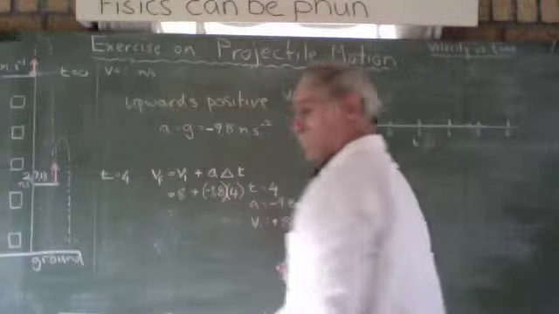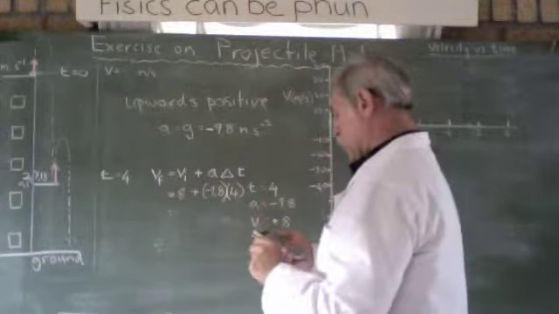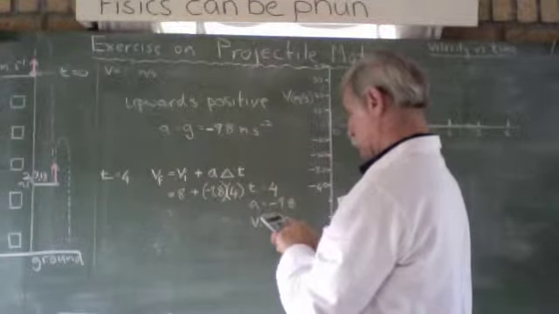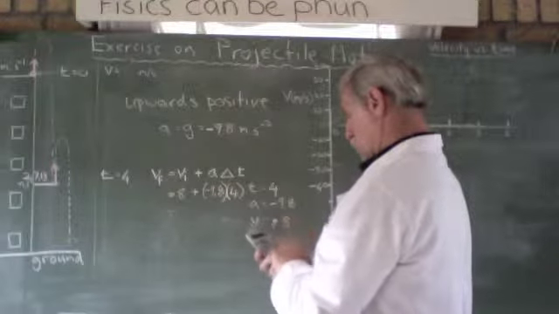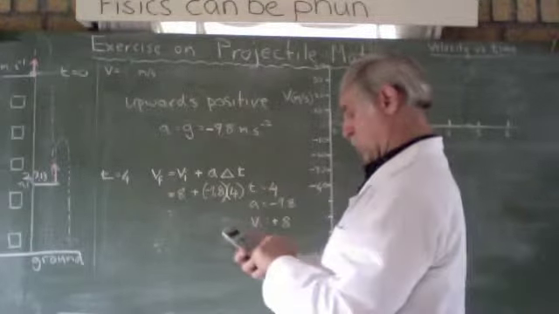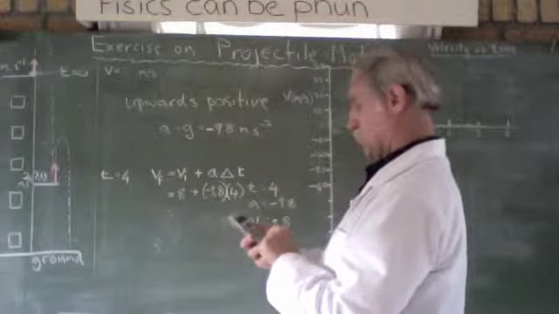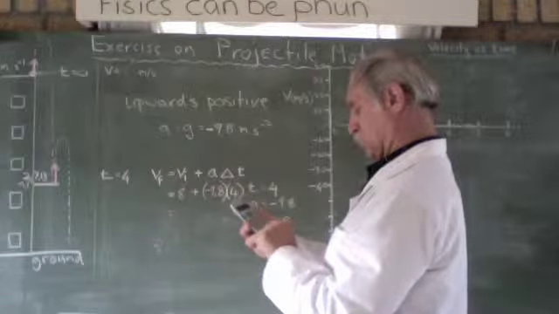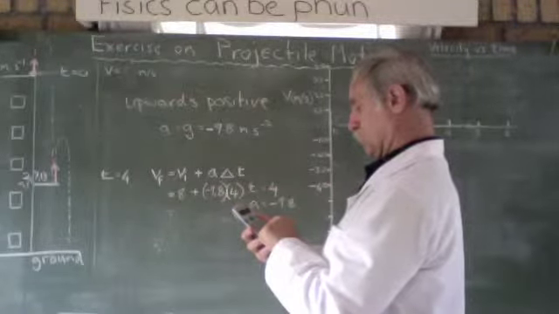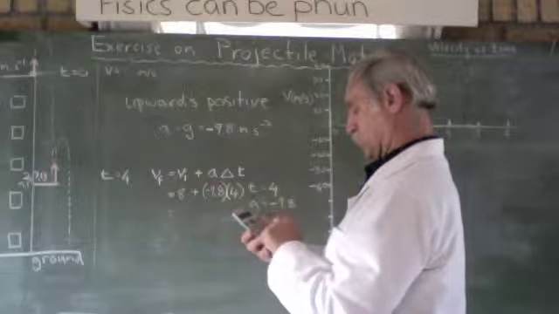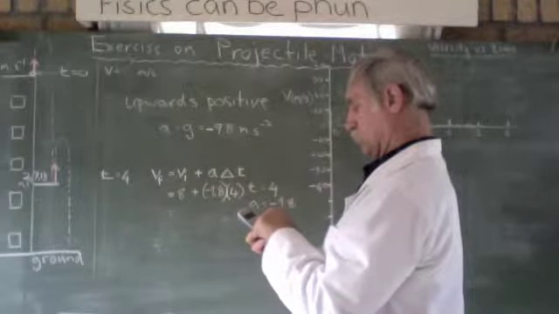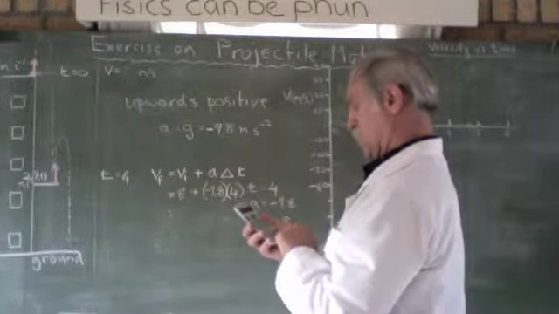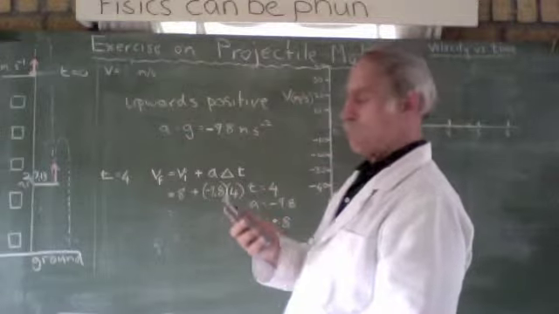And let's put that into our calculator. We've got 8 plus minus 9.8 times 4. And that gives us an answer of minus 31,2.